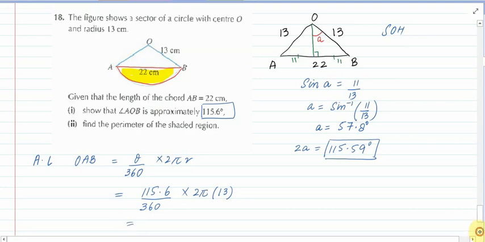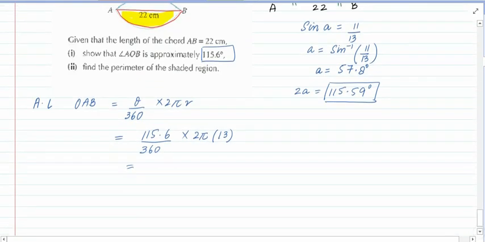So if you solve it, 115.6 multiplied by 2 multiplied by 3.142 multiplied by 13 and divided by 360, it's 26.23, right? That is not the answer, that is the arc length.